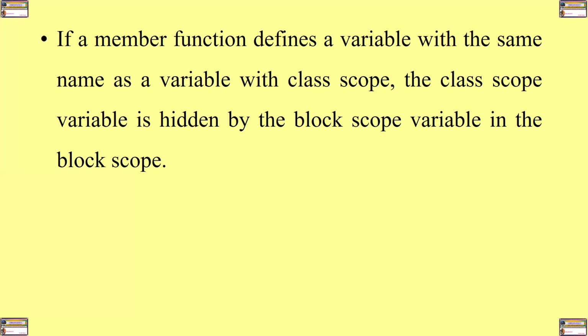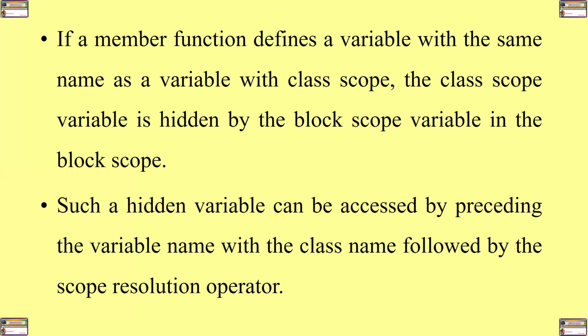So the member with class scope is hidden by the block scope variable. Such a hidden variable can be accessed by preceding the variable name with the class name followed by the scope resolution operator.